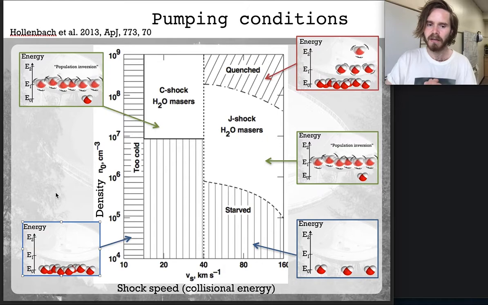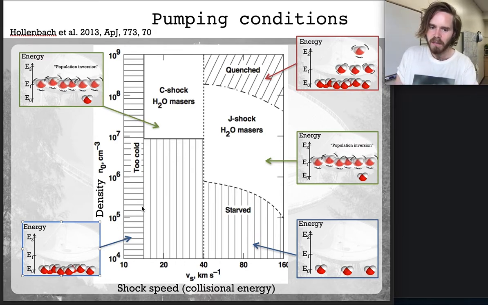So if we start here on the bottom left, the shock speed is at its lowest here. And you can see on the actual plot itself it says too cold. This means there's not enough energy. The main plot is from a paper from Hollenbach, but I've added these little subplots here.